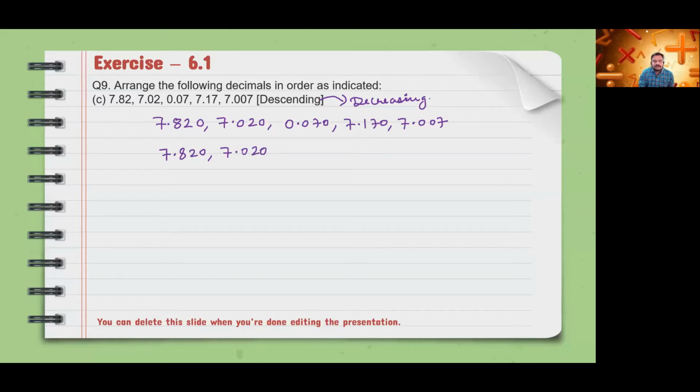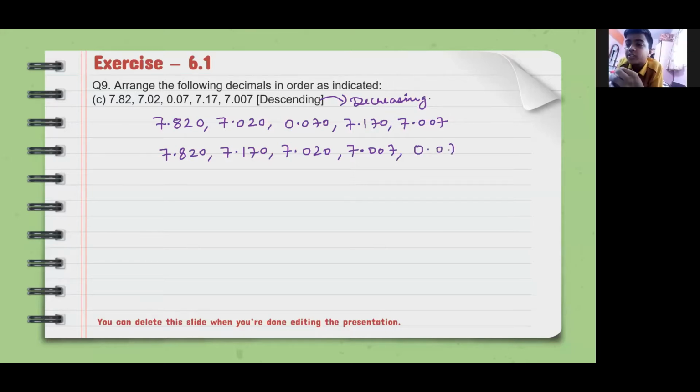Yes, 7.170. Then 7.020. Then next, 7.007. And now last, 0.070. So this will be the descending order, decreasing order, of the given decimals.